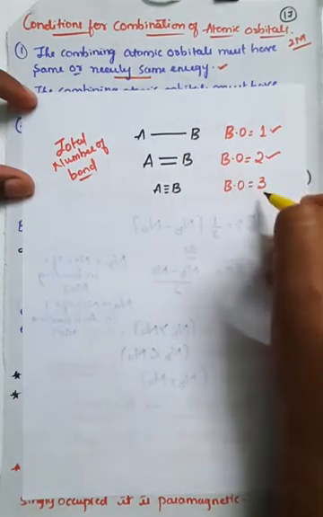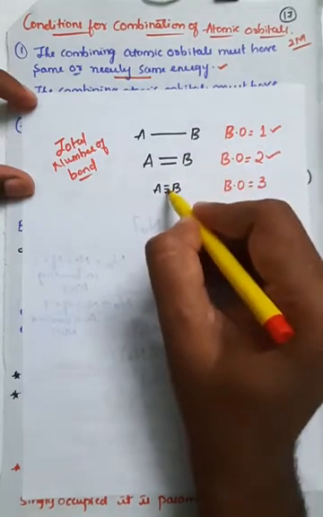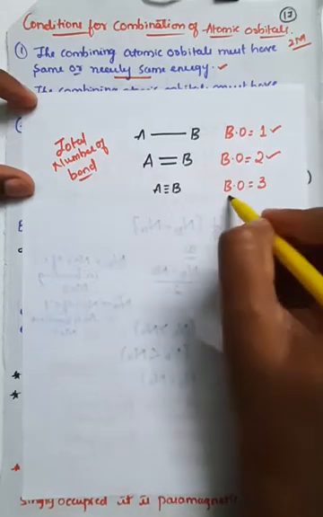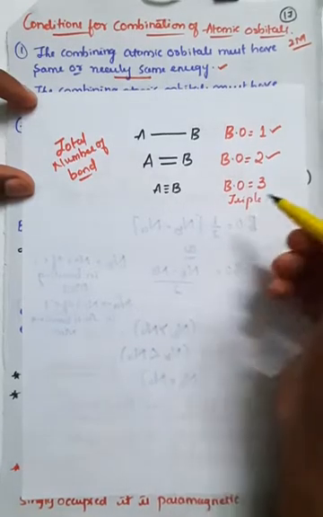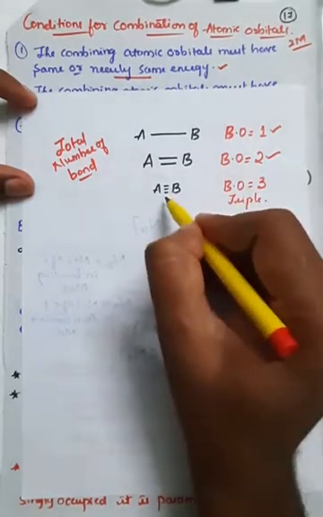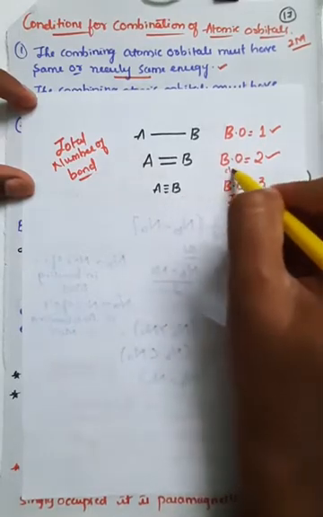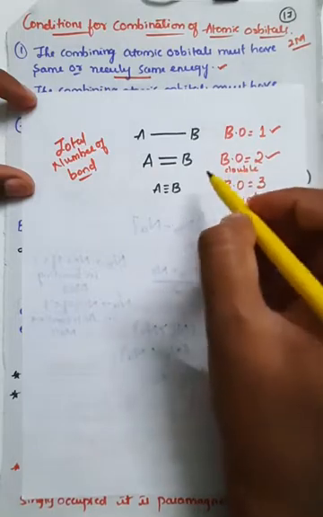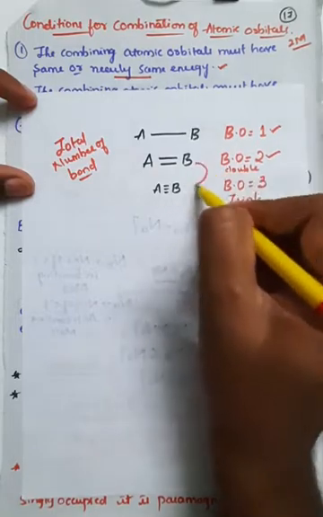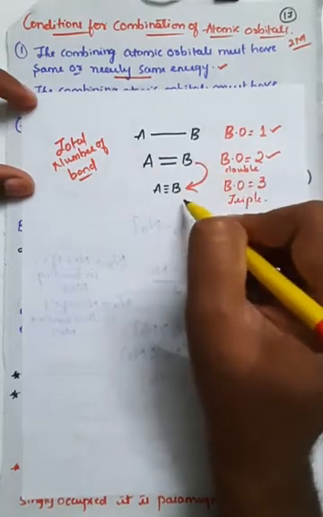In the third example, the bond order is 3, since it is triple bond, we will call it triple bond. Since there is a triple bond, its length is reduced. Whenever it is double bond, the length is more comparatively than the triple bond.